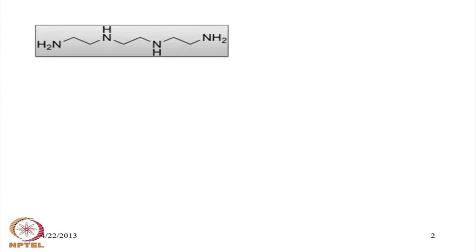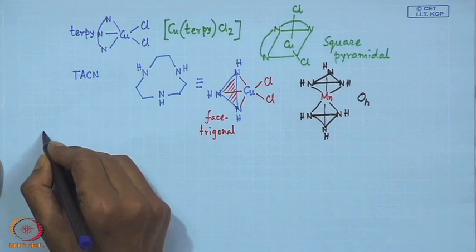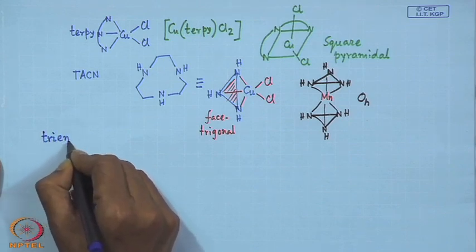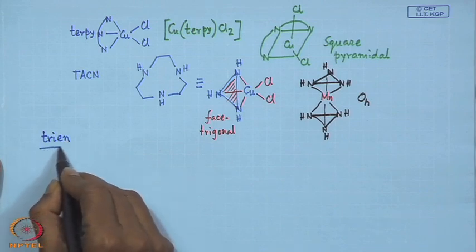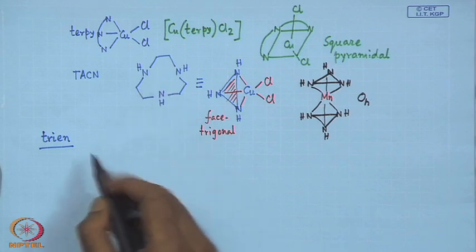So, if we proceed further, we can have another long linear chain ligand, that is diethylene triamine, which is known as Trien. So, like that we have that N3 type of ligand.